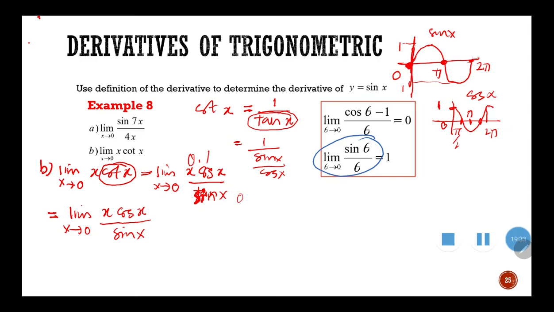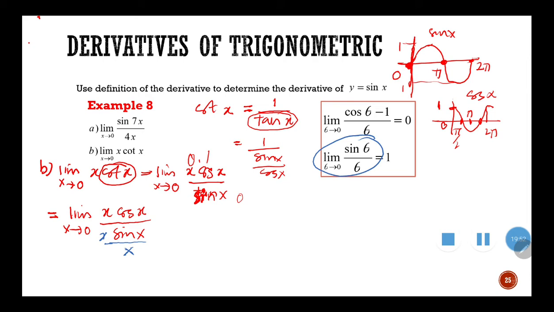To use the second formula, we have sin theta over theta, but we have here only sin x. So here we have to manipulate this. We can make it sin x over x. Easy. But we know sin x cannot just be put over x because it's going to change the formula.